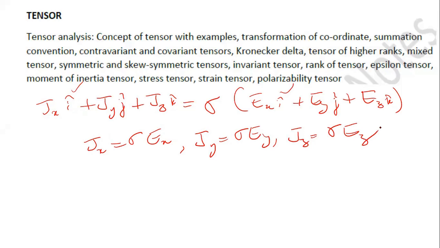So in isotropic crystals, or in any isotropic material which does not have any preferential direction, this will be the relation, that is, j vector is equal to sigma times e vector. So jx is proportional to the electric field applied along the x direction.